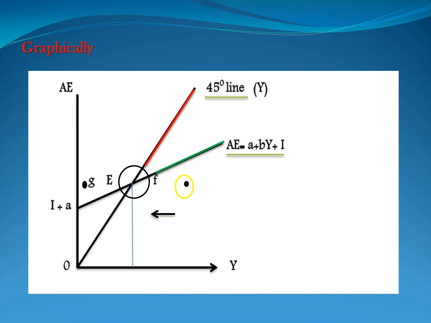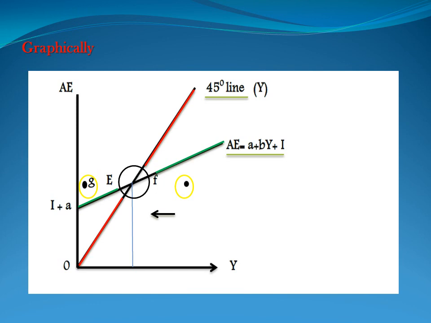Also, to the left of the equilibrium, for example, point G, there will not be an equilibrium at point G. Why? Because aggregate expenditures lie above national income, so aggregate demand in goods markets is greater than aggregate supply.